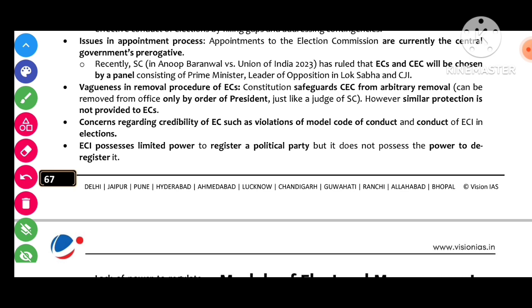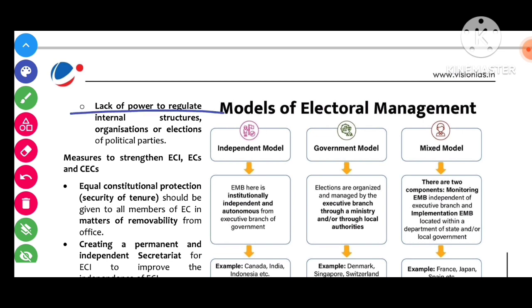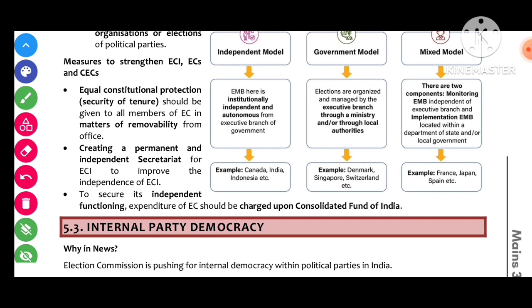And ECI possesses limited power to register a political party, but it does not possess the power to deregister it. Okay, lack of power to regulate internal structures, organizations or elections of political parties. And what are the measures to strengthen the ECI, election commissioners and chief election commissioners?